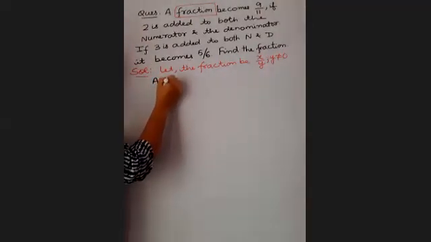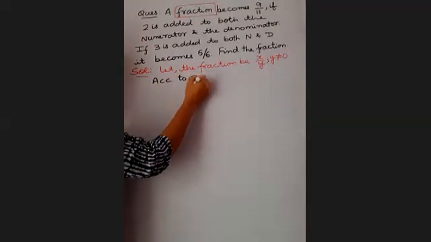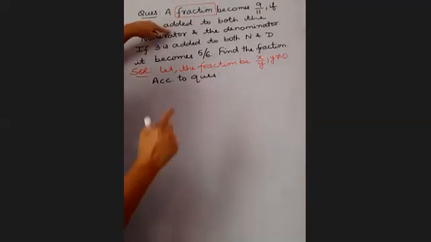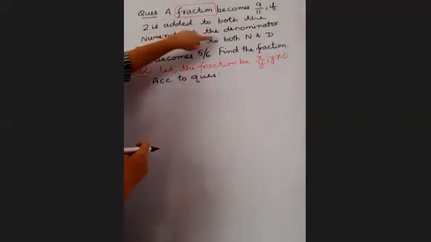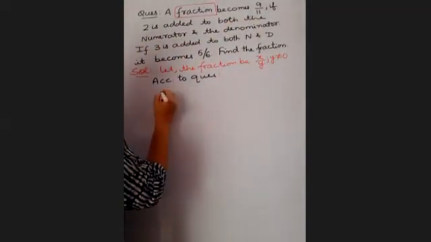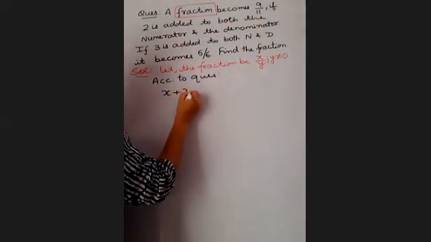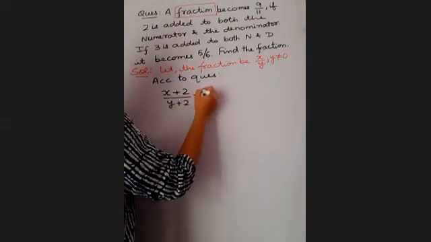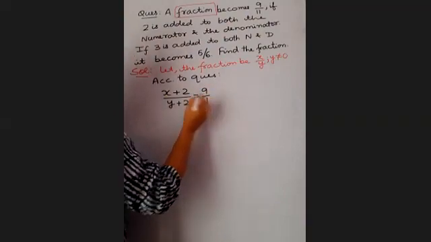Okay. Now, according to the question, what are the conditions given? Let's see. If 2 is added, plus 2, to both numerator and denominator, it becomes 9 upon 11. That means, beta, you have x upon y. Now, if you add 2 to the numerator and 2 to the denominator also, what do you get? 9 by 11.